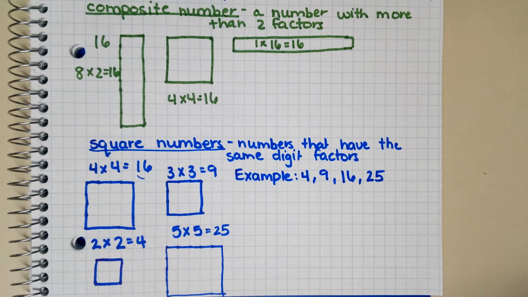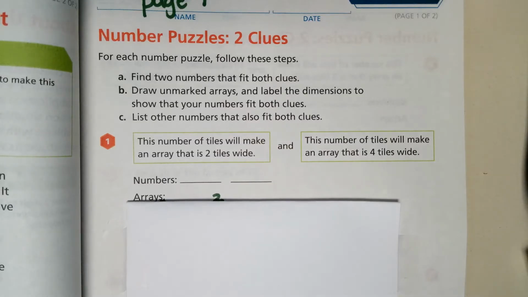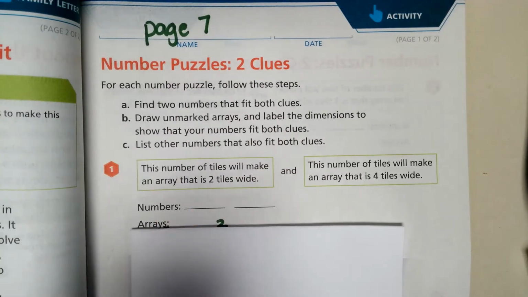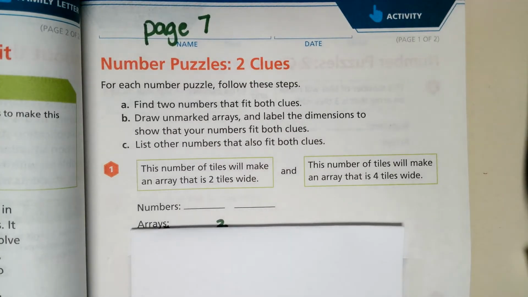Now we're going to go ahead and take a peek at some more array problems. These ones are number puzzles with 2 clues. All right, so we're going to take a look at page 7. I've written our page number up here, ladies and gents, and today we're looking at number puzzles with 2 clues. As always, we start at the very top.